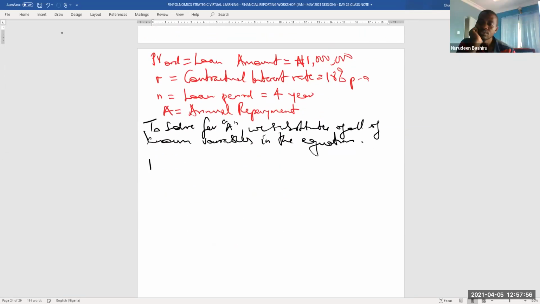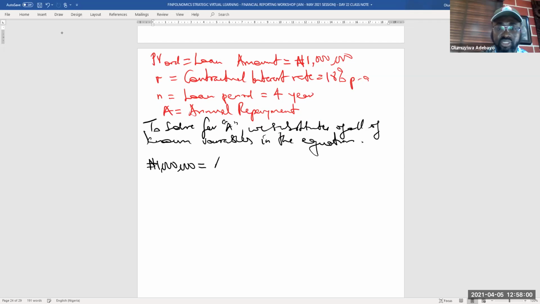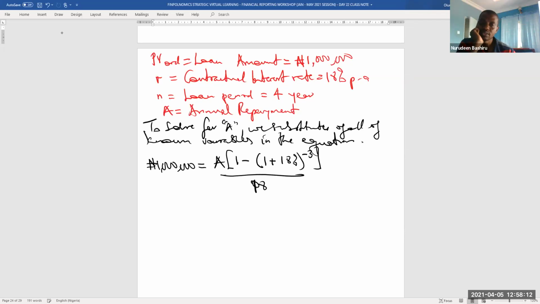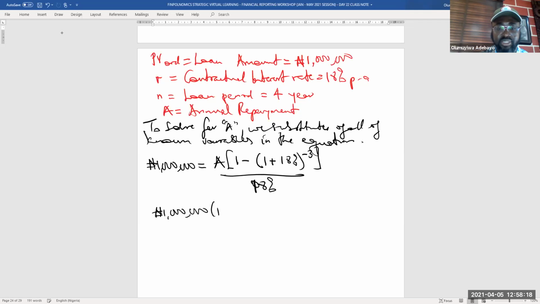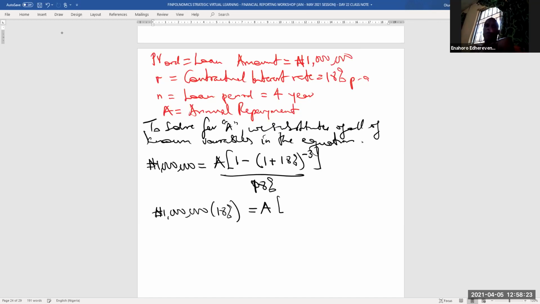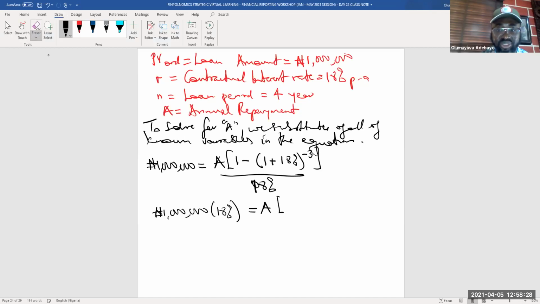You know the 1 million equals A times 1 minus 1 plus R, R is 18%, raised to power minus 4, over 18%. Sorry, it's 4 years, yeah. I'm picking 3 years because you guys used it, sorry.